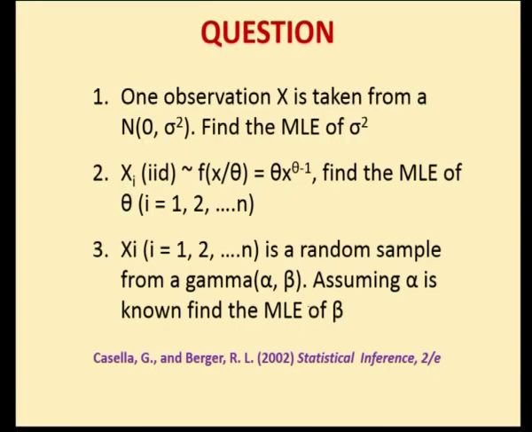So, these are a few examples through which we can give an example for normal, and then here it is the same distribution but with the MLE form, and a gamma with only one parameter is tried. So, the problems are collected from the given text for easier reference and further practice.